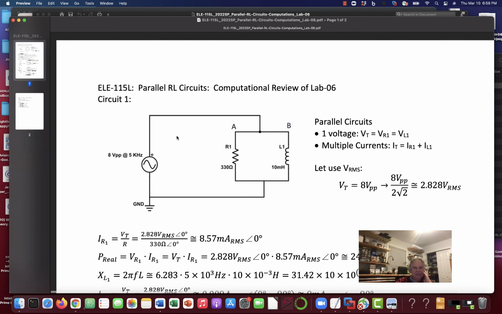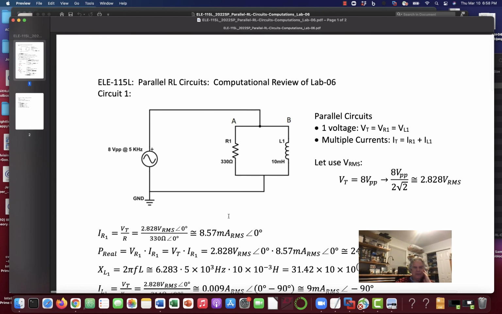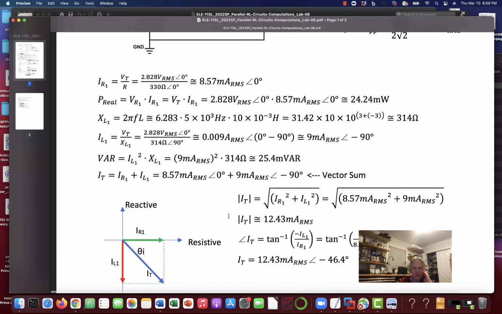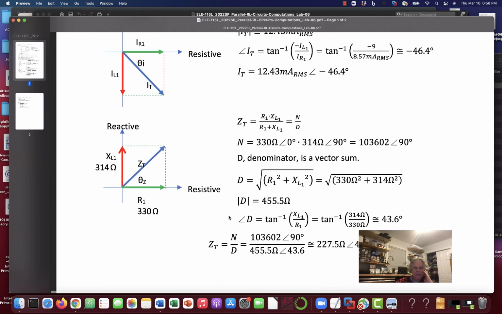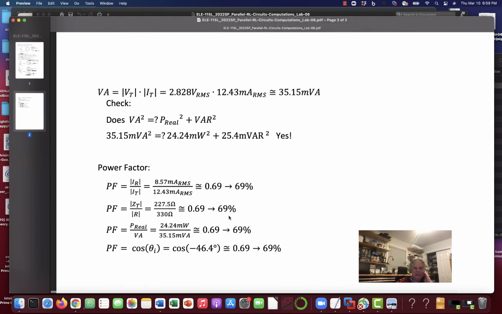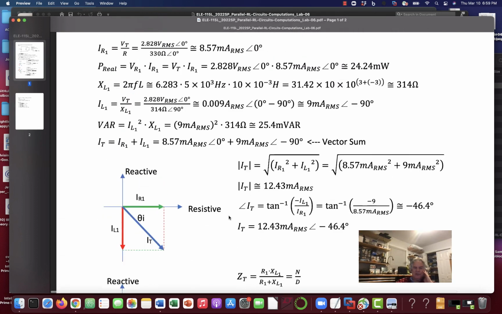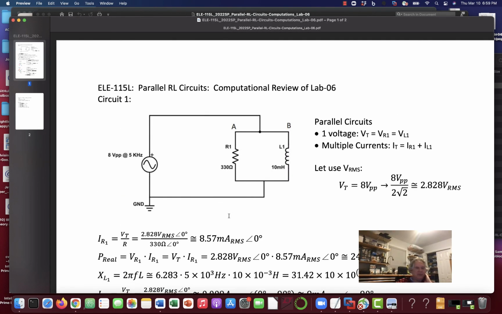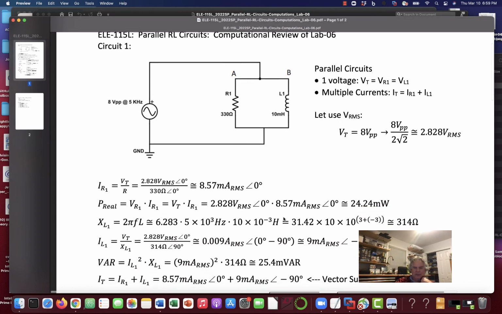In lab, I don't think you'll have to do this kind of computation, but I wanted you to be able to see that after seeing an example done, you could compute everything you would want to know about that lab circuit. I'm not going to do the second circuit in the lab, because it's the same circuit with some different values, and there's no need to go over that.